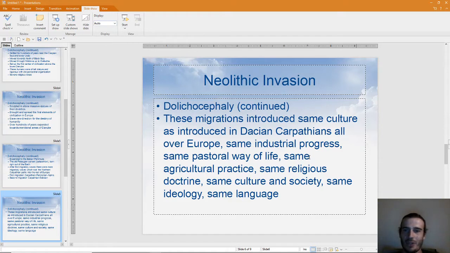These migrations introduced the same culture as introduced in the Dacian Carpathians all over Europe, same industrial progress, same pastoral way of life, same agricultural practice, same religious doctrine, same culture and society, same ideology.